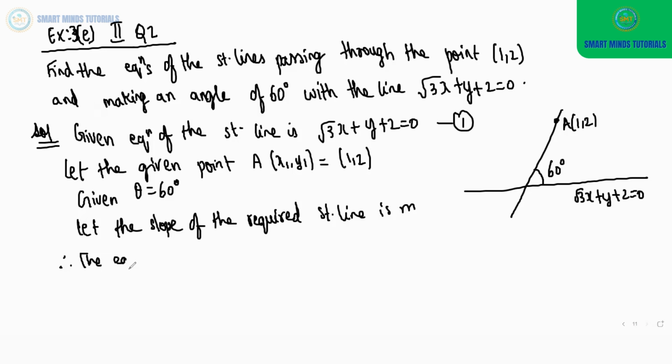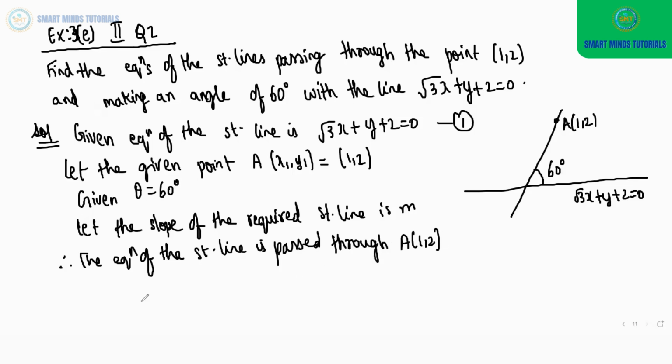Therefore, the equation of the straight line passing through point A 1, 2 and having slope m is, we use the one point form here. y minus y1 is equal to m into x minus x1.